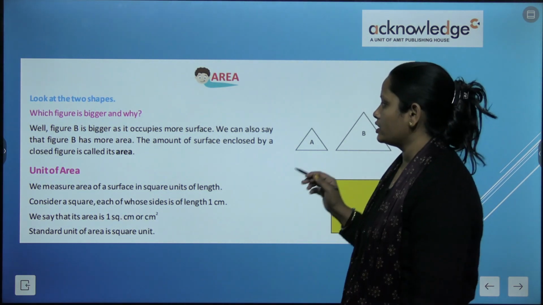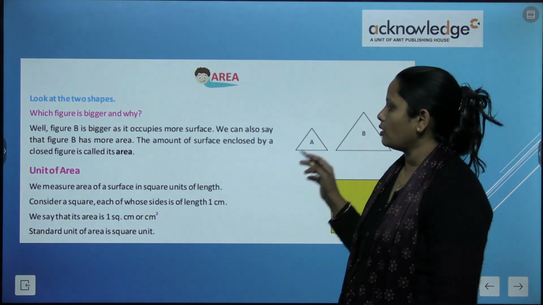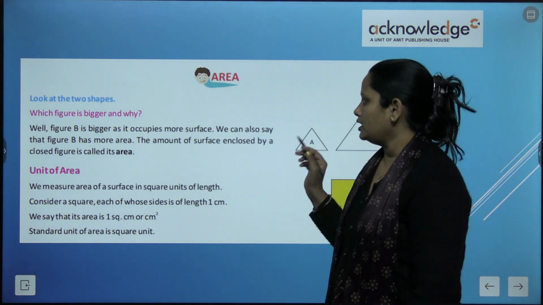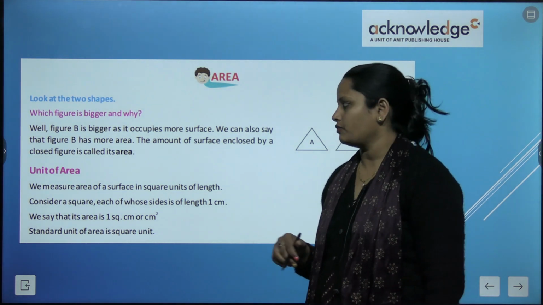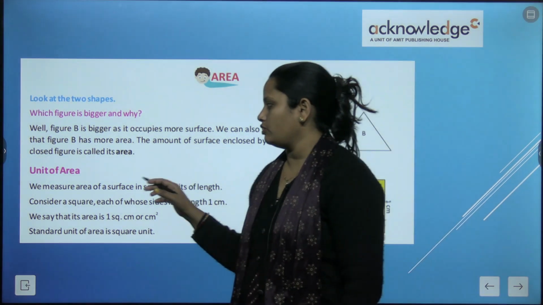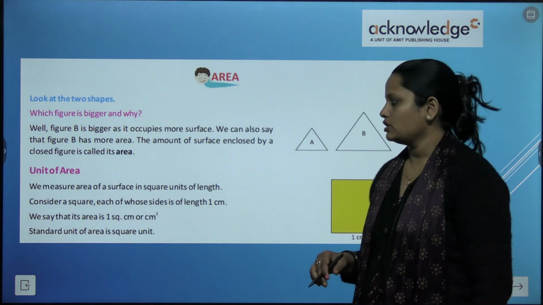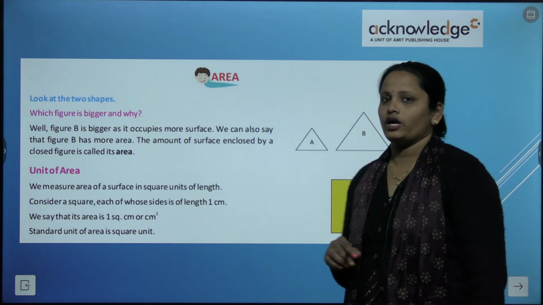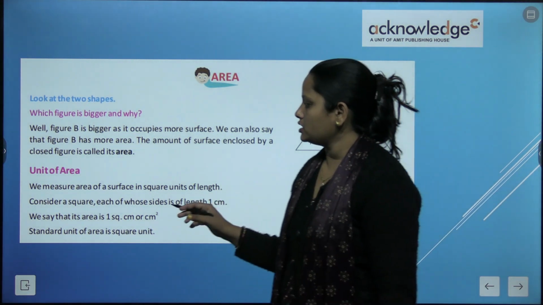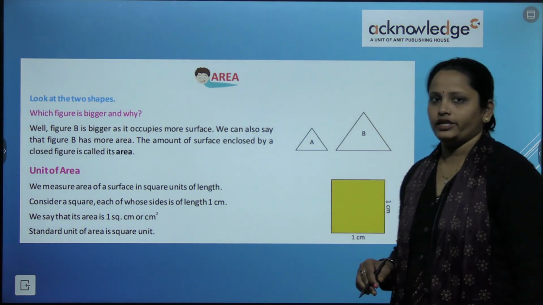The amount of surface enclosed by a closed figure is called its area. Unit of area: we measure the area of a surface in square units of length. Consider the square, each of whose sides is of length 1 centimeter.